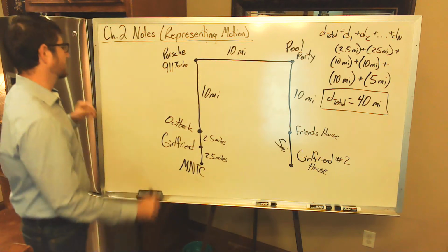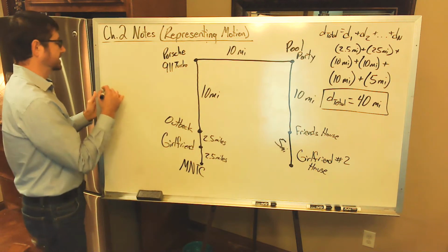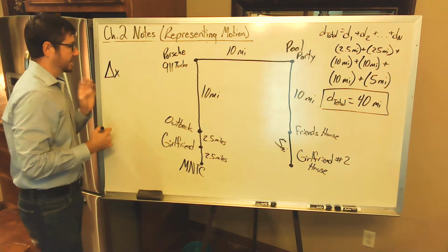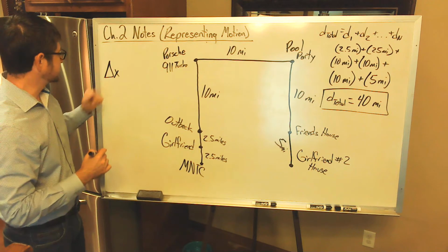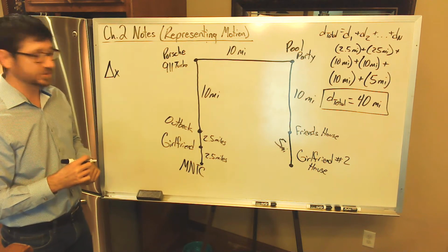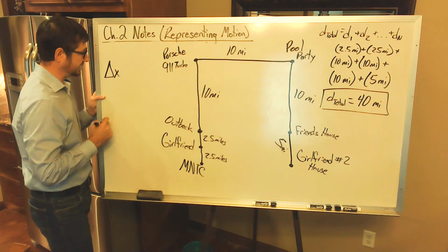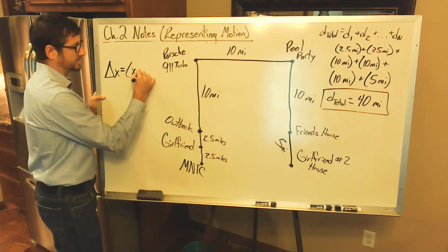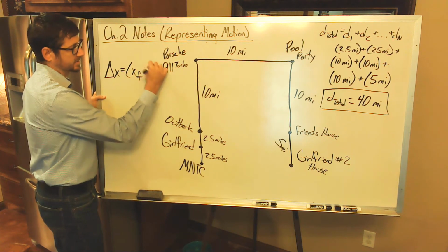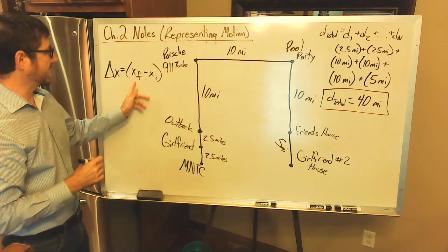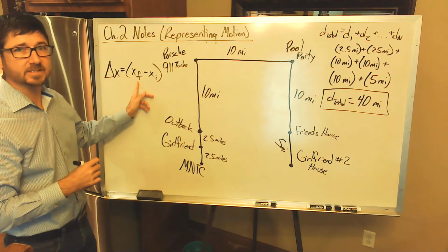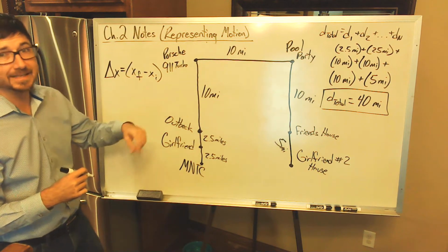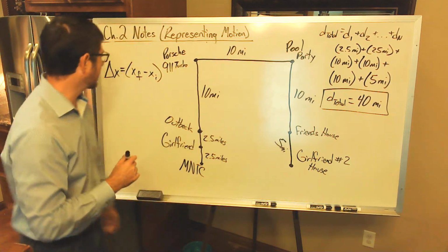So, all right, displacement is identified by delta x, and our Greek letter delta here represents change in. So the change in x, this is position, we have x sub f minus x sub i, where x sub f represents the final position of our object, minus x sub i, the initial position of our object.